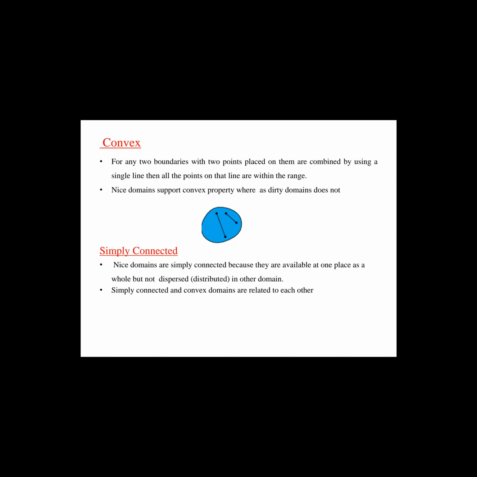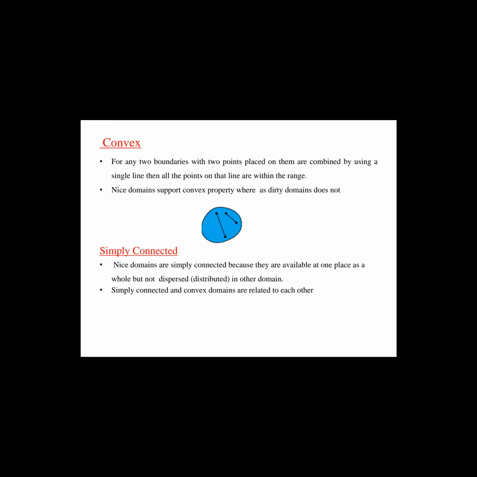Okay, see, the connection is nothing but a simply connected. Okay, convex. See, convex means for any 2 points we are taking in any boundary, if the 2 points placed on them are joined by using a single line, then all points on the line are within the range.